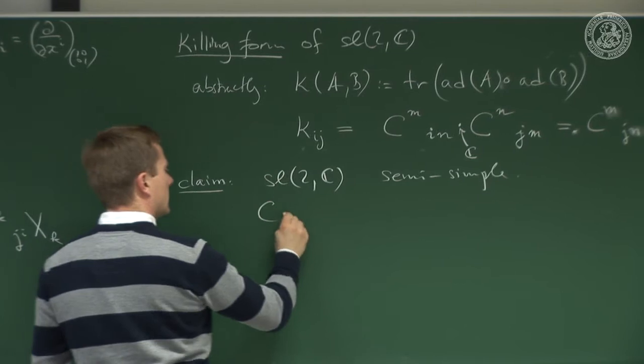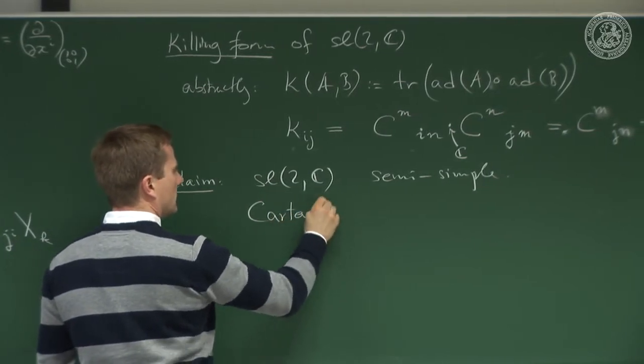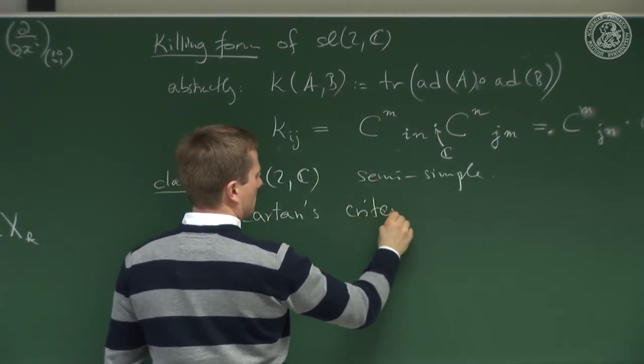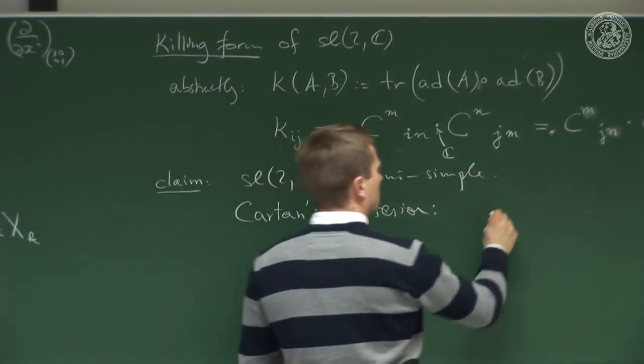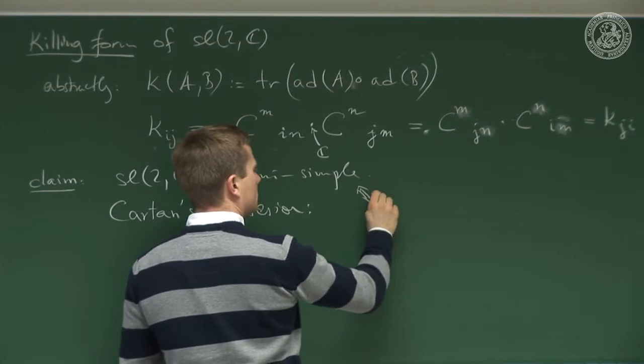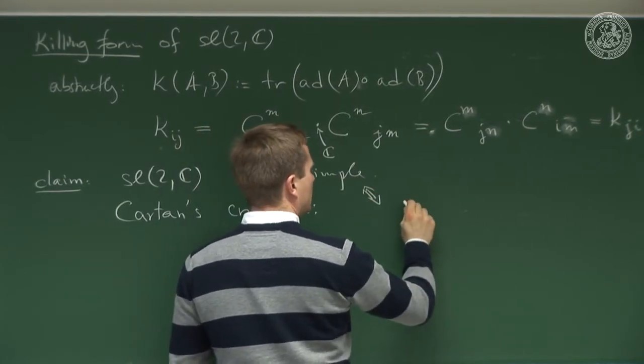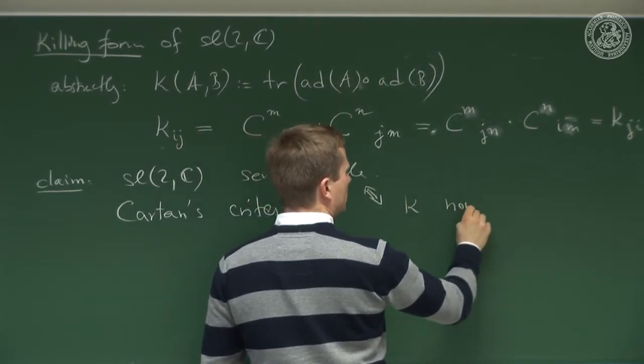Now, how do we check this? Well, we apply Cartan's criterion. And that was, you've got to check, this is equivalent to the killing form being non-degenerate.